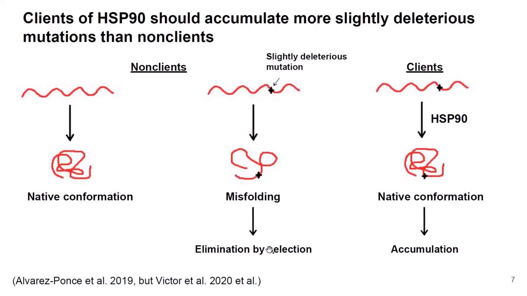It can lead to elimination of such variants by selection. And if such a mutation appears in a client protein, it may be hidden by the buffering activity of HSP90, and the native conformation will be restored, and so it can lead to accumulation of such mutations.